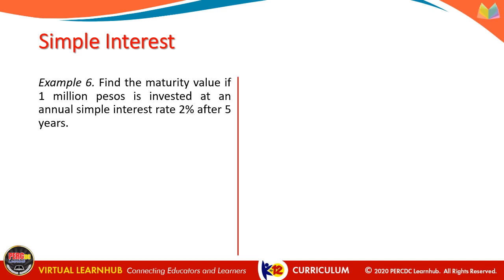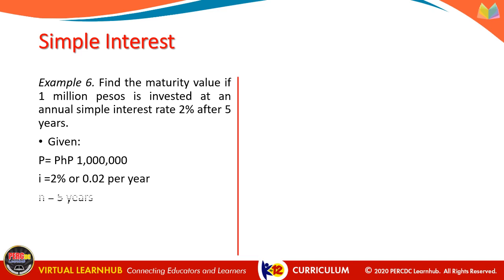Example number 6. Find the maturity value if 1 million pesos is invested at an annual simple interest rate 2% after 5 years. For example number 6, our given are principal P, 1 million pesos, interest rate I, 2% or 0.02 per year, and N is equal to 5 years.